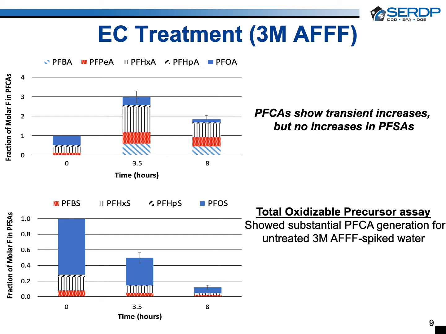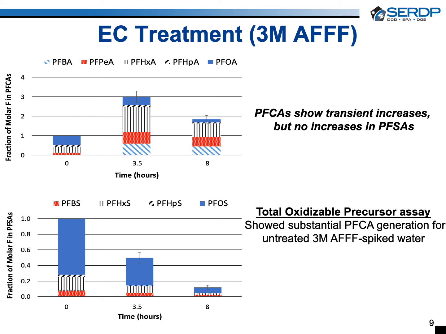To confirm this, we took some of the untreated 3M-AFFF spiked groundwater and did a total oxidizable precursor assay on it. Not unexpectedly, we didn't see any increases in the perfluorinated sulfonates, but we saw pretty substantial increases in the perfluorinated carboxylates, pretty analogous in extent to what we're seeing here.